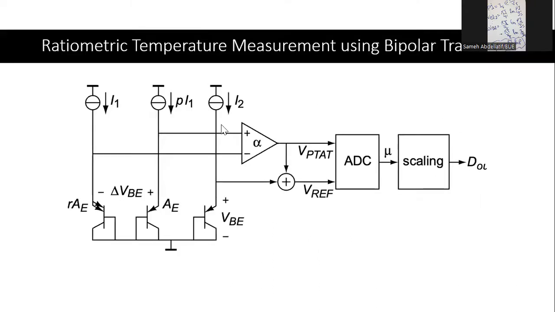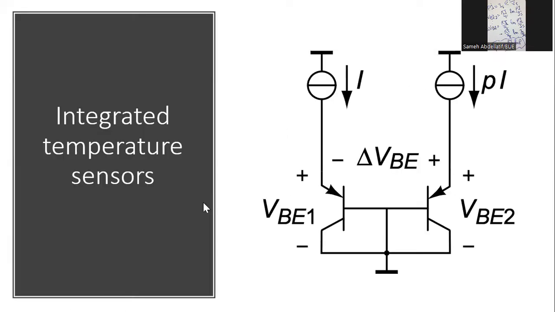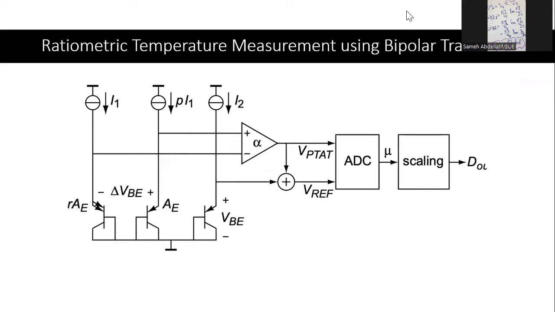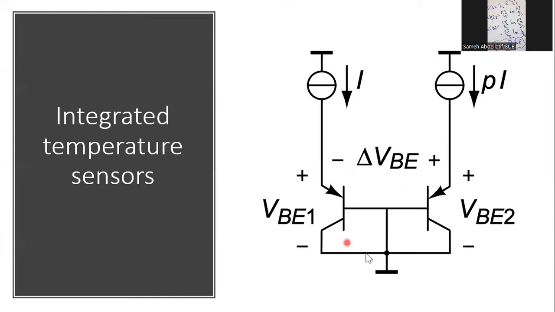Of course, this one is another ratiometric temperature measurement using bipolar transistors. Principally, you will find that we are using somehow the same concept. Herein, we still have the same bipolar junction transistor structure, like this one, typical.